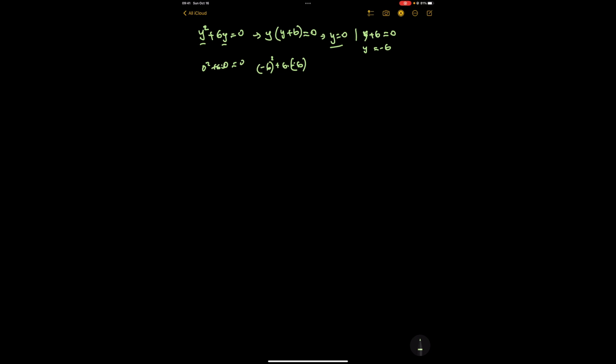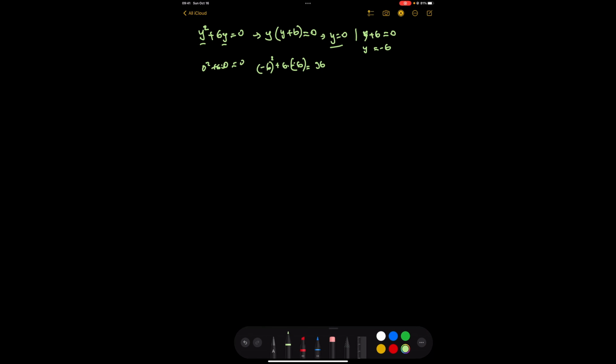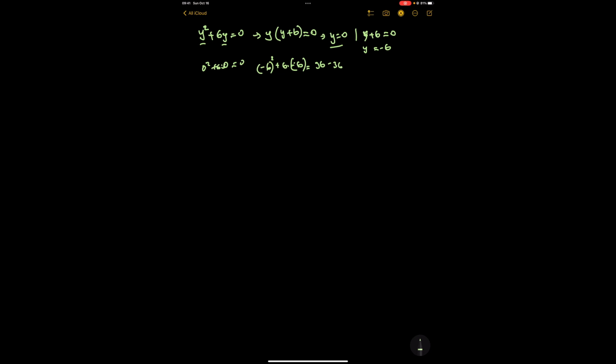So 6 squared is 36, plus what is 6 times negative 6? It is negative 36. So that is 36 minus 36, which is equal to 0. So the answer is y equal to 0 or y equal to negative 6.